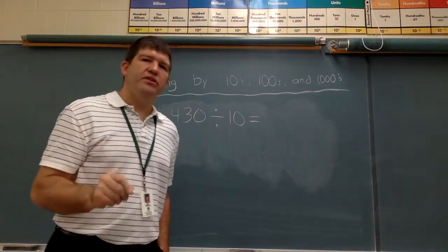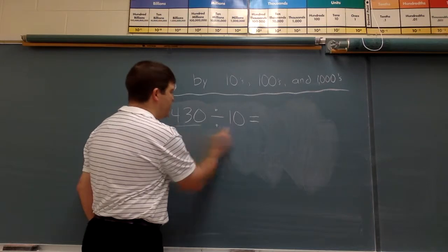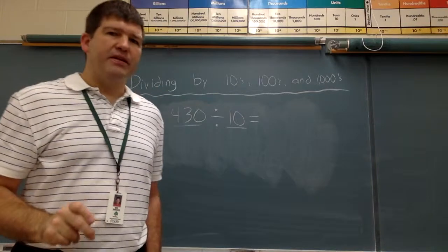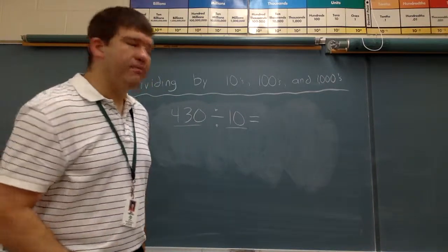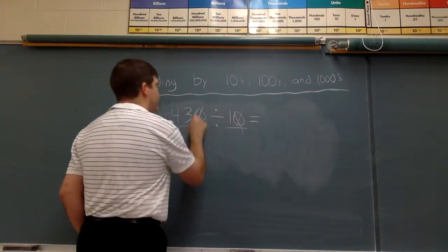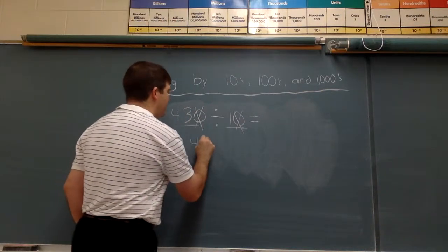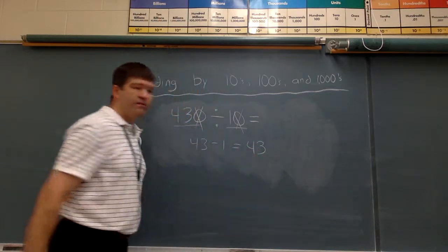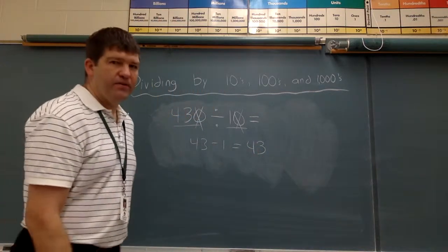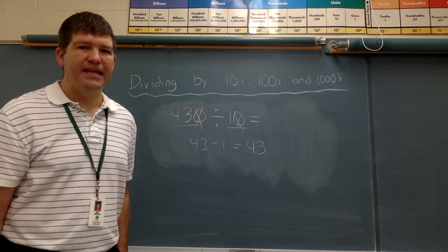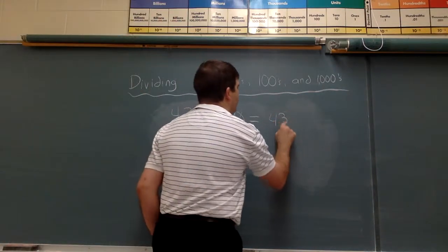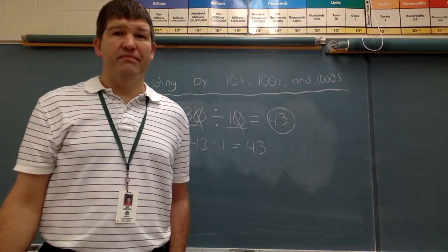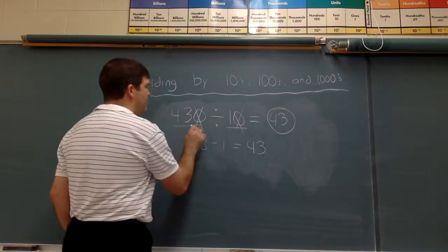And I see that each of these numbers has a 0 in the ones place. And because that's the case, I can get rid of them. So I'm going to drop that, and now I have 43 divided by 1 equals 43. So 430 divided by 10 gives me 43.